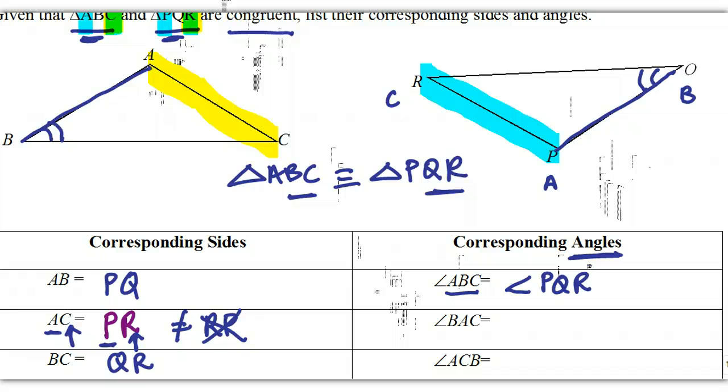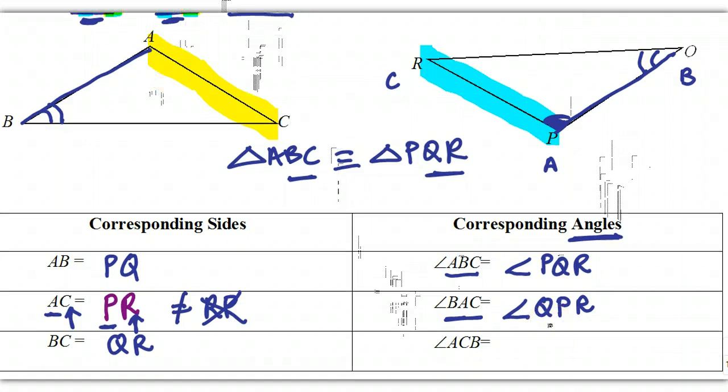Okay, let's try another example. Angle BAC. So if you have written down the corresponding sides on the side, it makes it easier, because if I want angle BAC, this angle over here, it will actually correspond to angle QPR. Okay, and can I give you a few seconds to try the last one on your own?